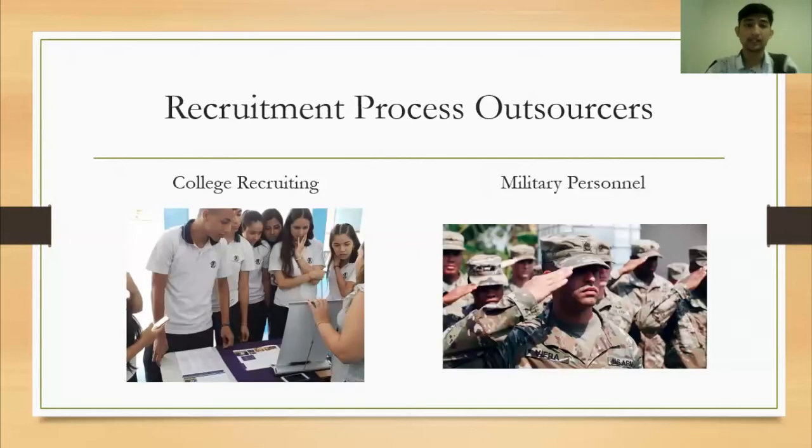College recruitment is also a very common practice that organizations use. In FEB-UGM, we can see such organizations such as PwC, EY, Deloitte, Unilever. They usually come to FEB and they advertise and tell us to apply. Even if we don't meet the requirements, they tell us to apply anyways.